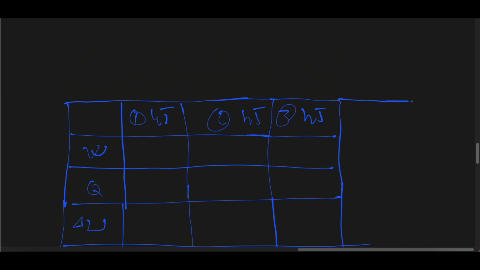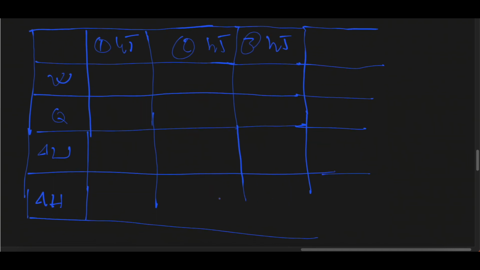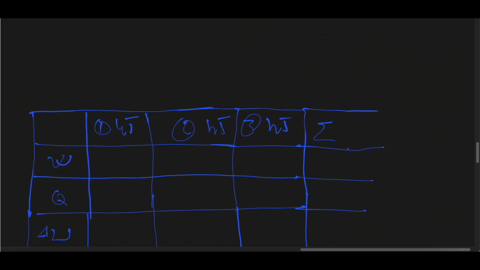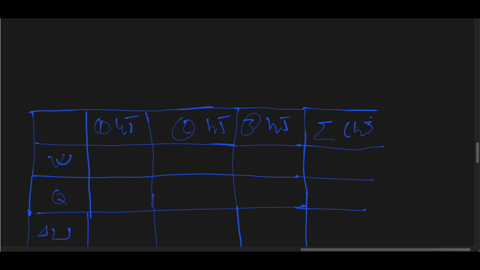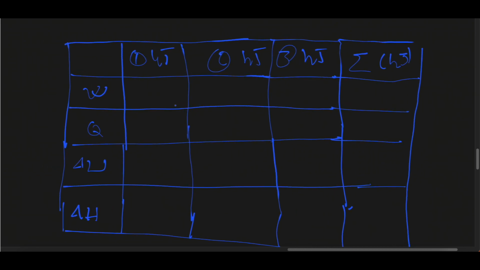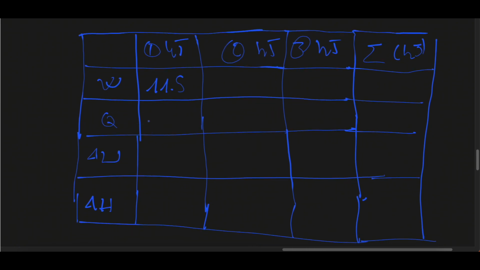We'll add a fourth column, which is the column of the sum of all these functions. We call it sigma, given in kilojoules. So the first column can be filled because we have calculated the work of the first process, which is equal to 11.5 kilojoules. The heat is negative 11.5, and here we have 0 and 0.